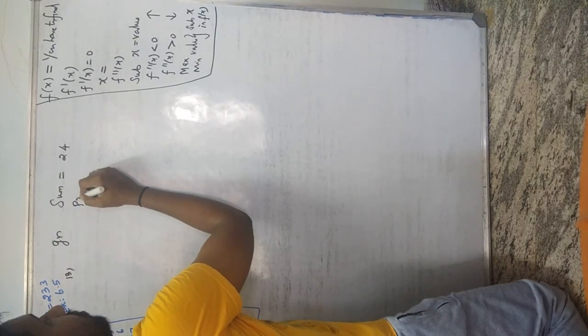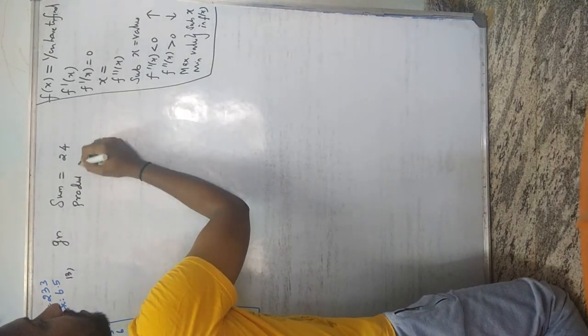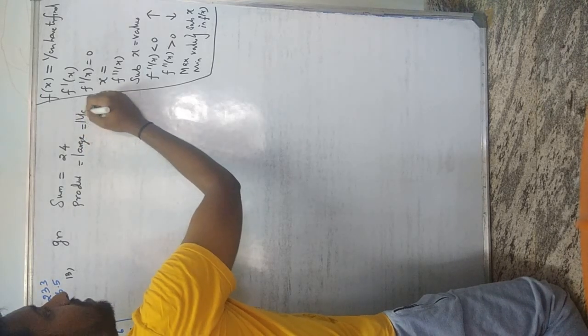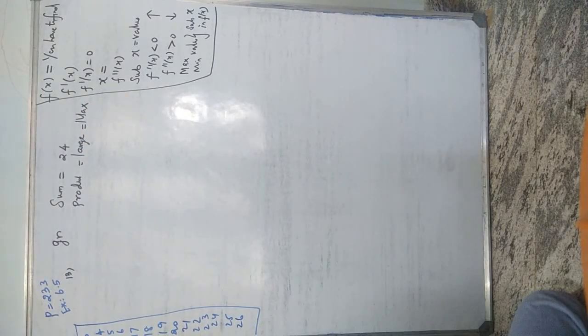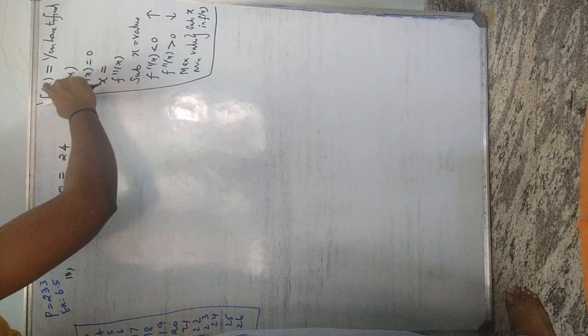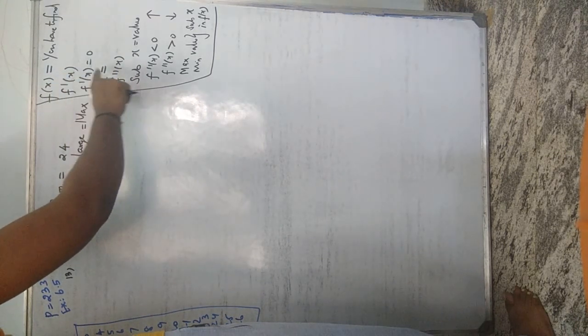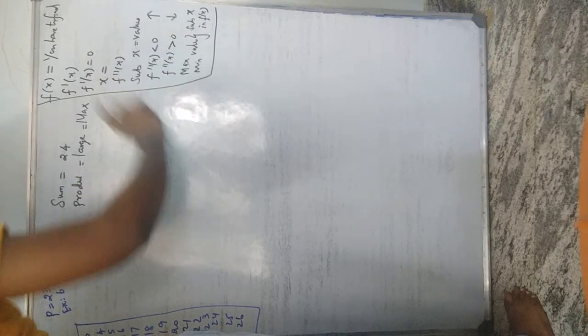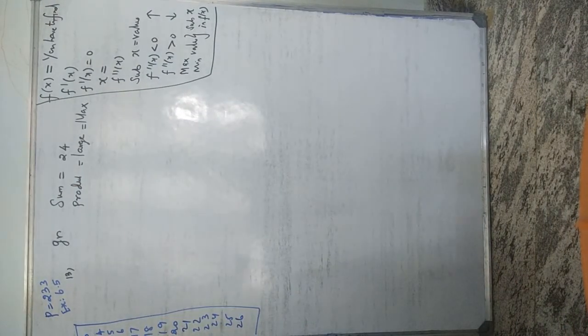So you have to prove that the product is large. Large means one more word: maximum. Therefore you have to prove the maximum. Now what is it? Same steps: find f of x, f dash of x, same thing. F double dash of x should come less than 0. Okay, so very easy.